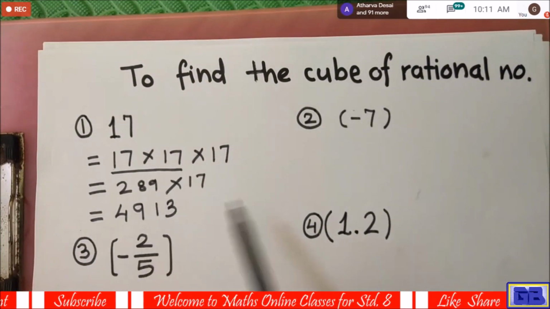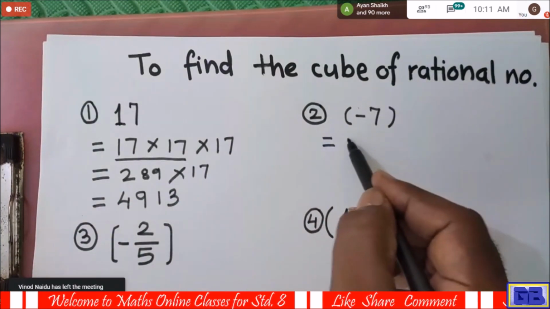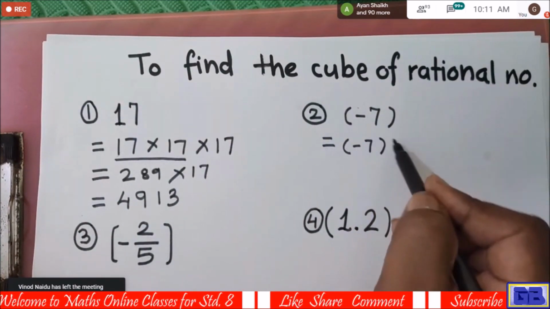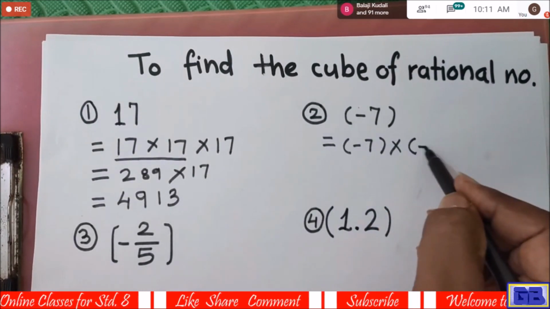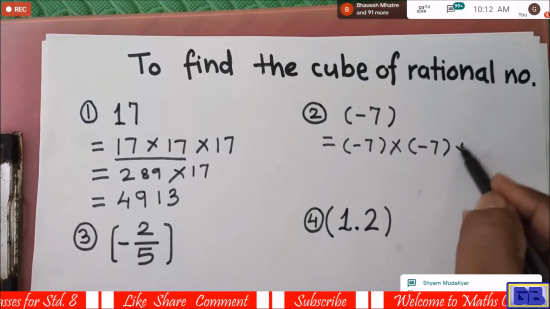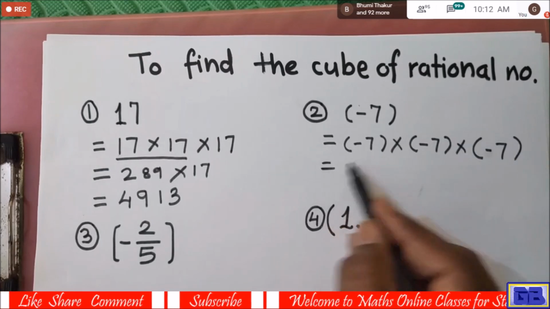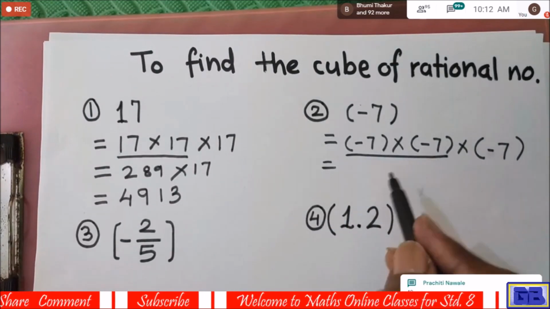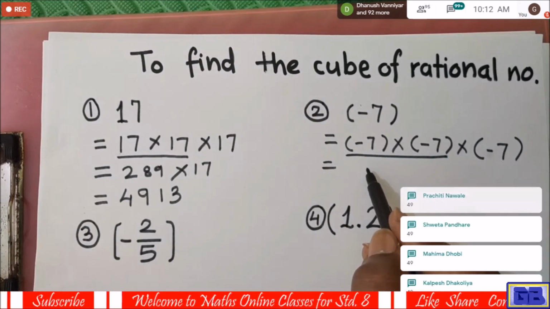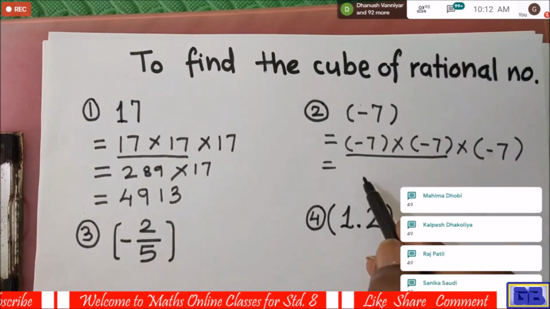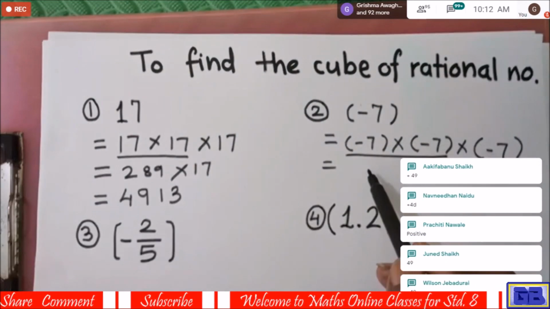Very good. Now similarly we'll take this negative 7. Do the same process. Negative 7 into negative 7 into negative 7. The first two numbers' product is positive 49, because negative into negative becomes positive.